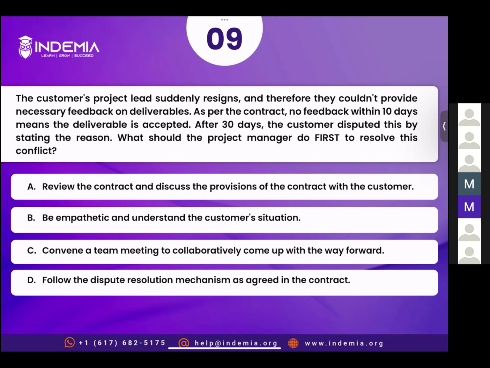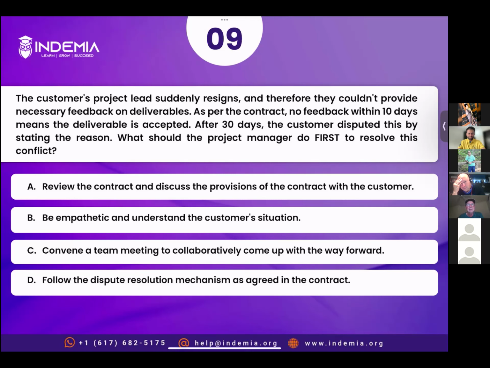All right, Robin, you have chosen option B. That was actually on the previous one. I was still reading through it, but okay. I think I would go with option D, because clearly there is a dispute here.